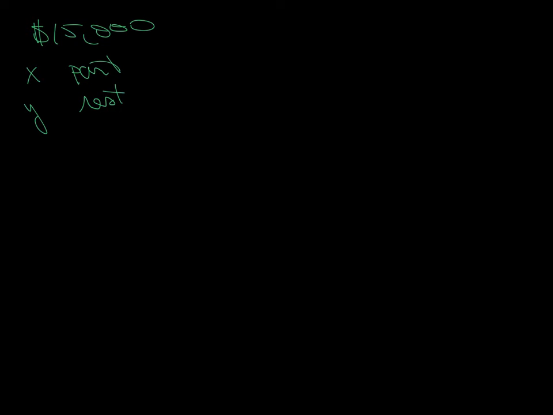Okay, so the part is the first amount that he invested, and the y is the second amount. So if we took the amount he invested, part of it, and then we took the rest of it, and we added them up, we'd get $15,000, right? We just took and invested part of the money and then the rest of the money. So there is our first equation. That one's not too bad.